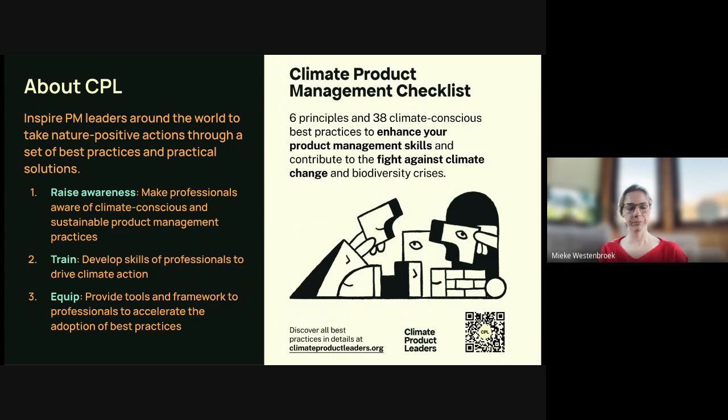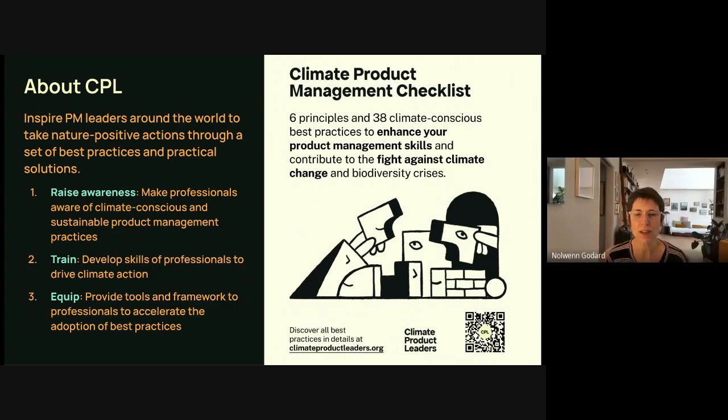Nolan, go for it. Yeah, so CPL, Climate Product Leaders, is a nonprofit organization that is incorporated in Canada. And our goal is to raise awareness and provide educational material so that all product managers and product leaders are more aware of how to build digital products that are more aligned with sustainability and climate.